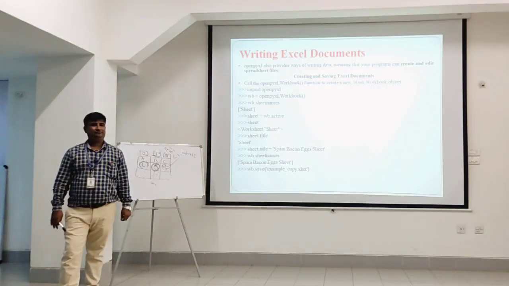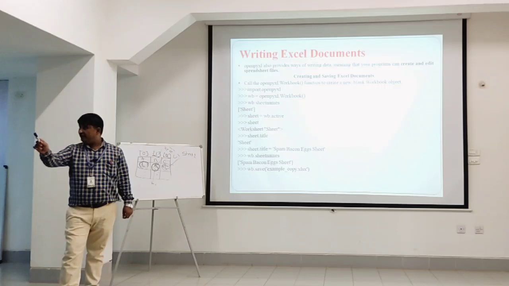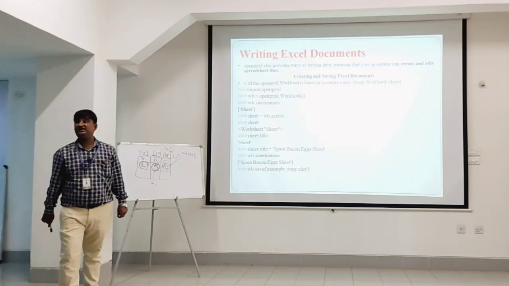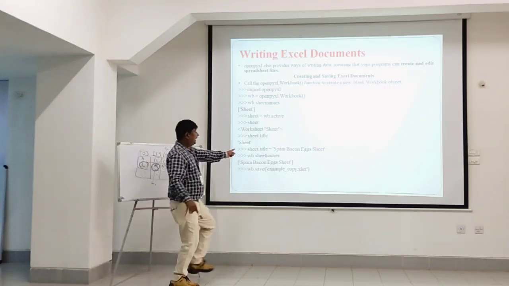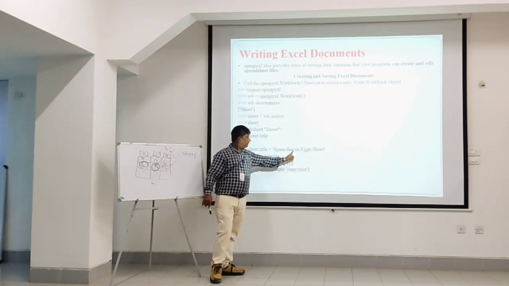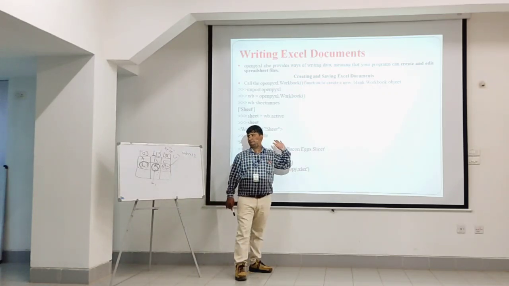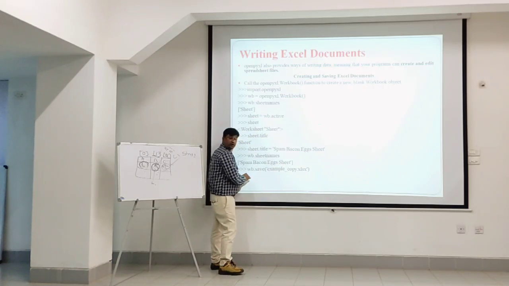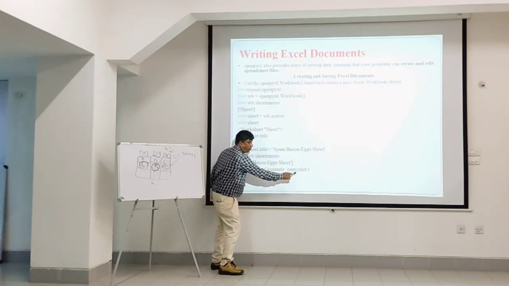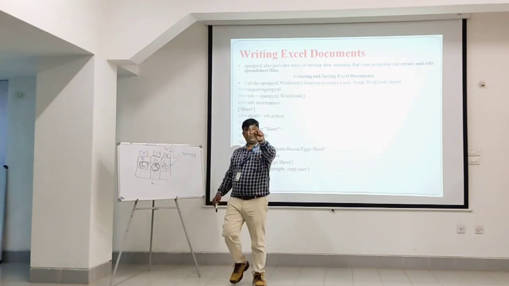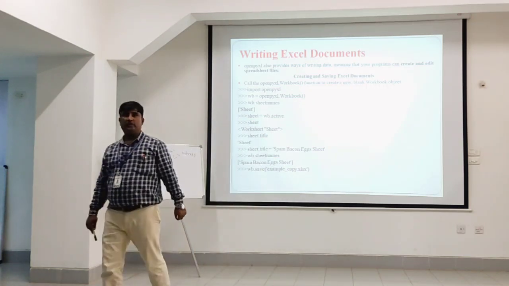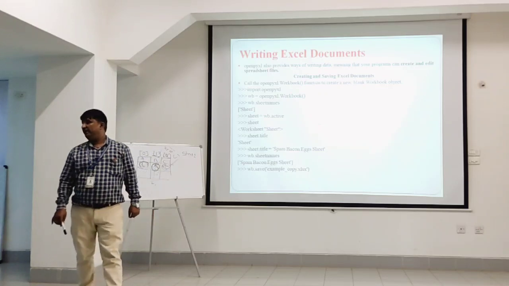Because initially if I give sheet.title, it prints "Sheet", but I changed sheet.title to "Spam Back on X Sheet". And this one is very, very important: wb.save("example_copy.xlsx"). example_copy is the file name, and xlsx is the extension.